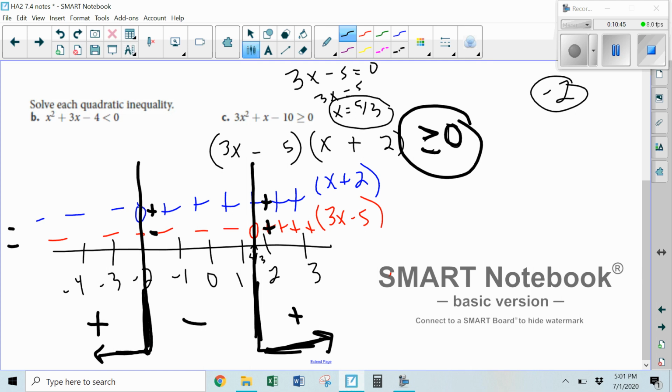From this point to the left, so from -2 and everything less, or from this point, which was 5/3 and everything greater. Notice I included the equal sign because it was included there.